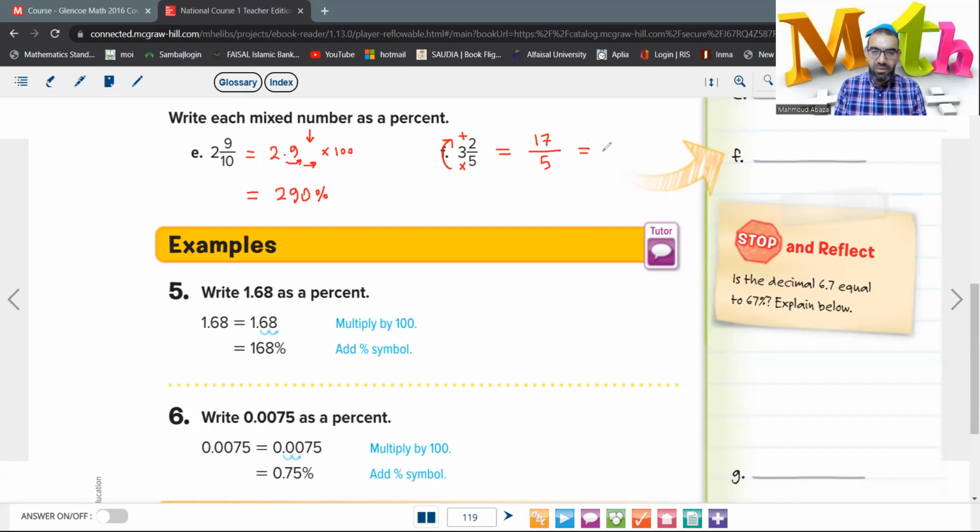Now, we need it to be over 100 to make it a percent, means we should multiply by 20 down, because 5 times 20 will give you 100. Then we will multiply by 20 up. This will give you 340. 340 over 100 means 340%.